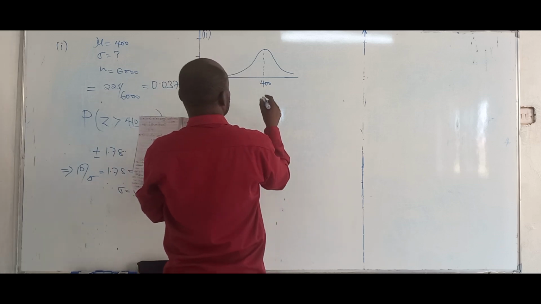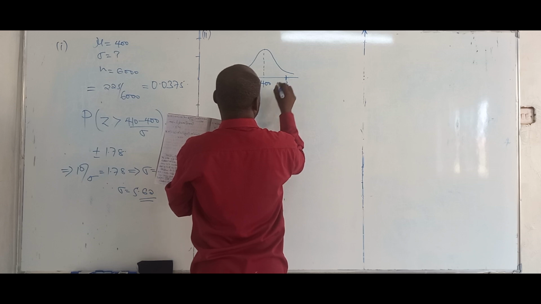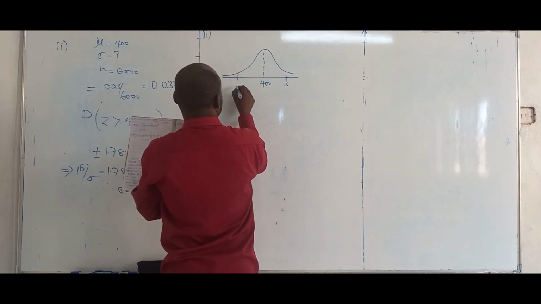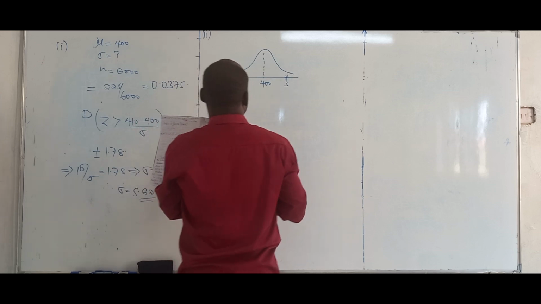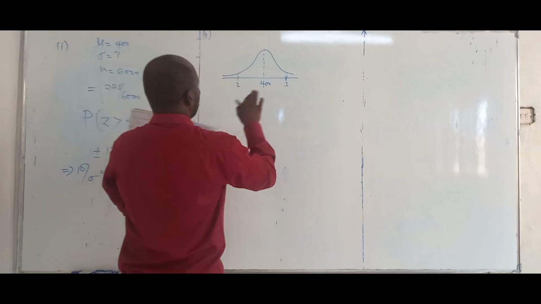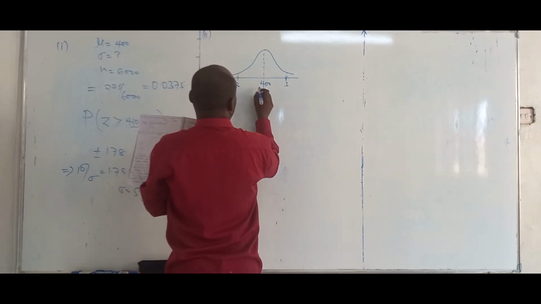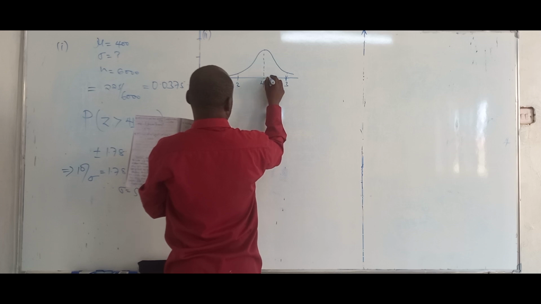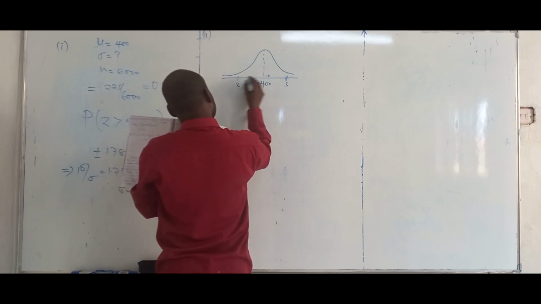then it's possible to have, and this is 3 standard deviations. Let me say this is 3 standard deviations. So if we are expecting a deviation of 1.5 standard deviations from the mean, we are going to expect it in these directions.